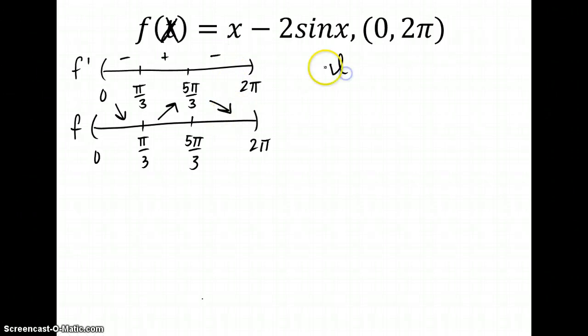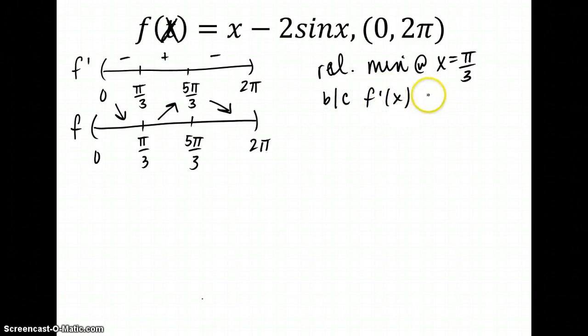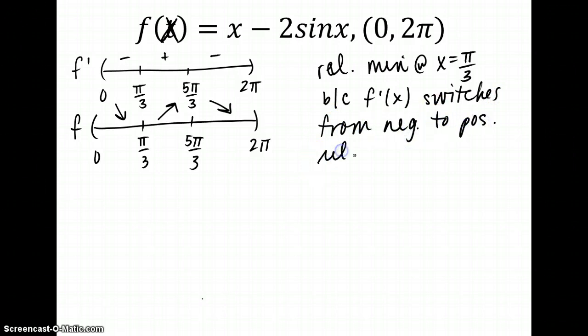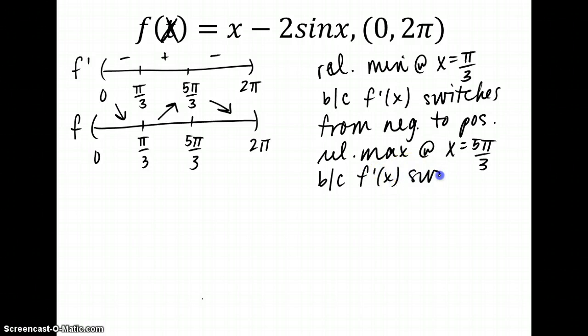So we have a relative minimum at x equals pi/3. Again, a quick justification: because the derivative switches from negative to positive. And we have a relative maximum at x equals 5 pi/3 because the derivative switches from positive to negative.